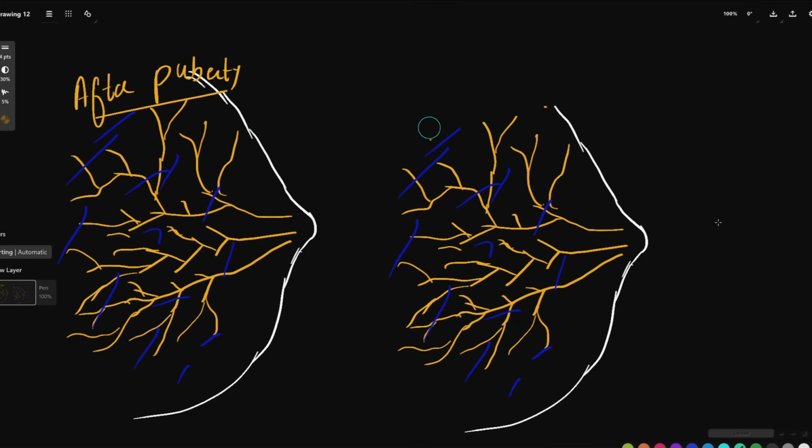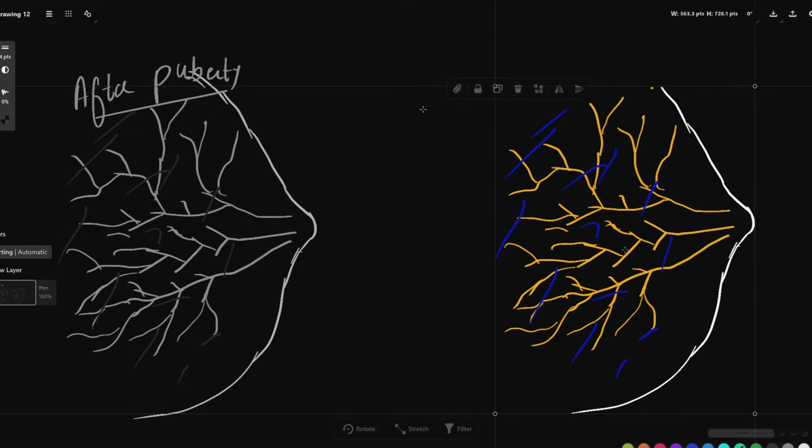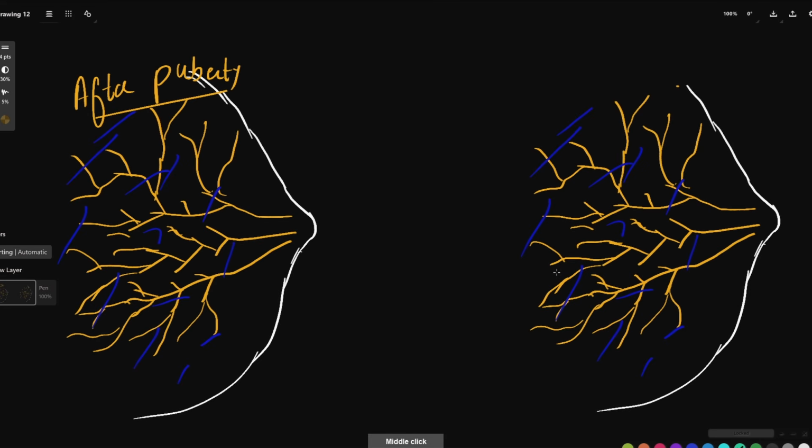So now after puberty, let's suppose that pregnancy has occurred. Now what will happen? In the mid of pregnancy, under the influence of hormones of pregnancy, even more branching will occur, and even the size of the lumen might change, right?